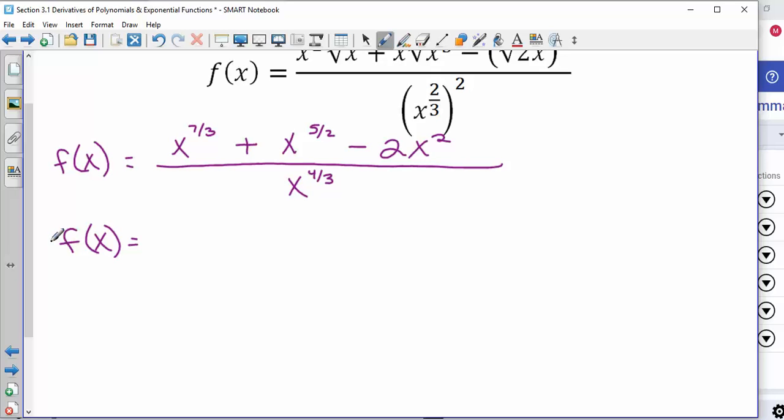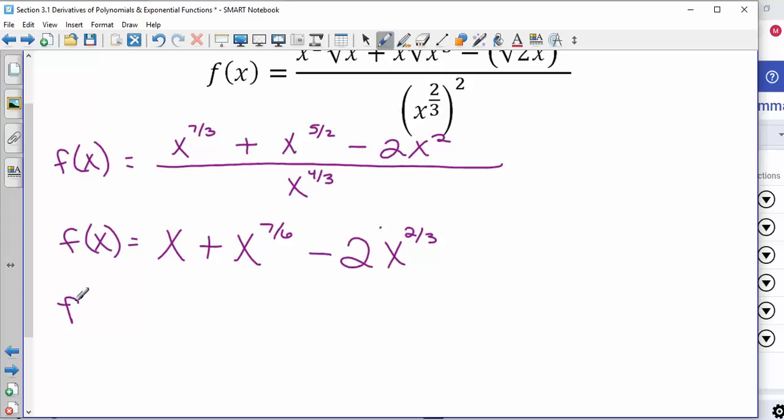So 7/3 minus 4/3 is 3/3, which is just 1. 5/2 minus 4/3 would be x to the 7/6. 2 minus 4/3 would be x to the 2/3. So I simplified that step by subtracting exponents.